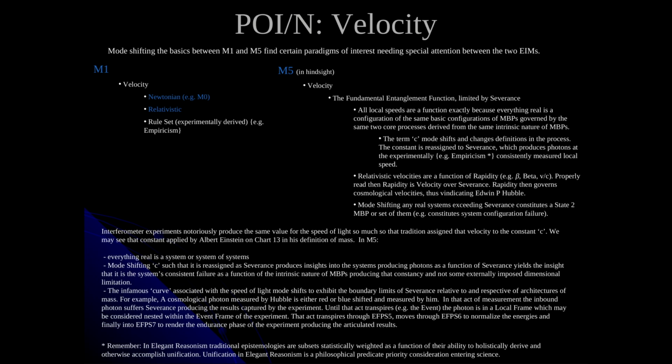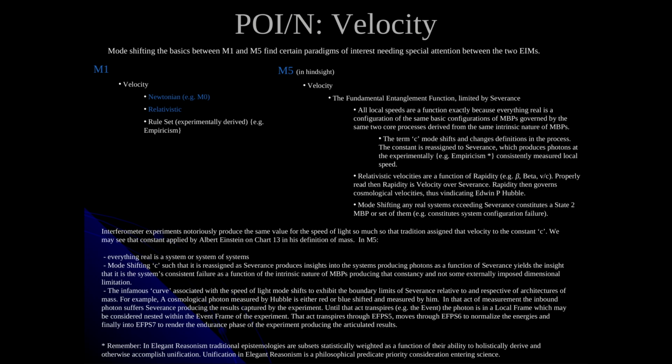It conforms to the realm of C's. And when we mode shift the constant term C from the speed of light to severance and assign the value C to severance, we suddenly find that we have consistency in synchrotron radiation. It is just electromagnetic radiation, and the magnetic fields that are controlling the electrons are producing centripetal force that produce the electrons at the same speed that everything else is measured at.